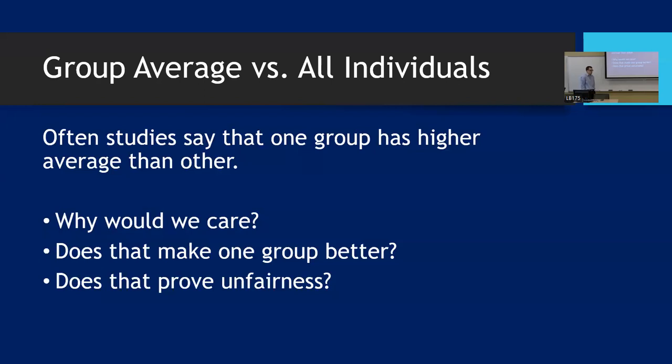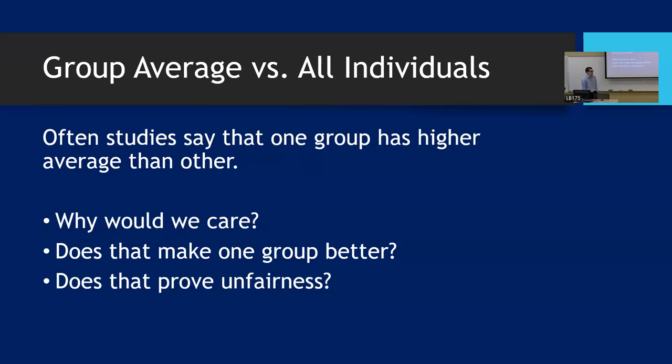Sometimes when you look at group A having a higher average than group B, if it's a trait that we associate with being positive, a lot of times people will say, well, then group A is better than group B. But that's not really the case. Just because one group has a higher average on something doesn't mean that group is better or worse than the other.